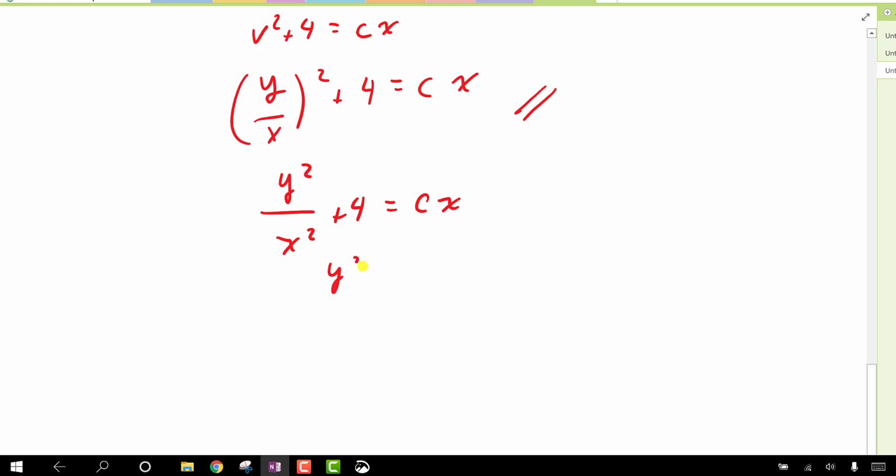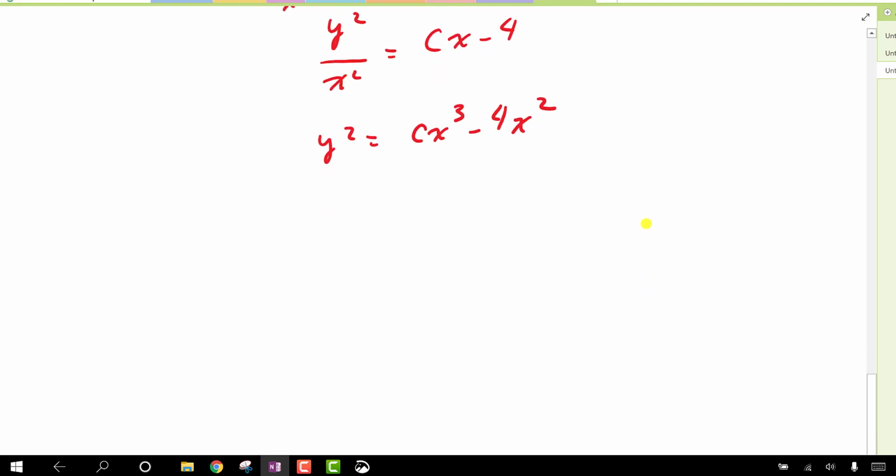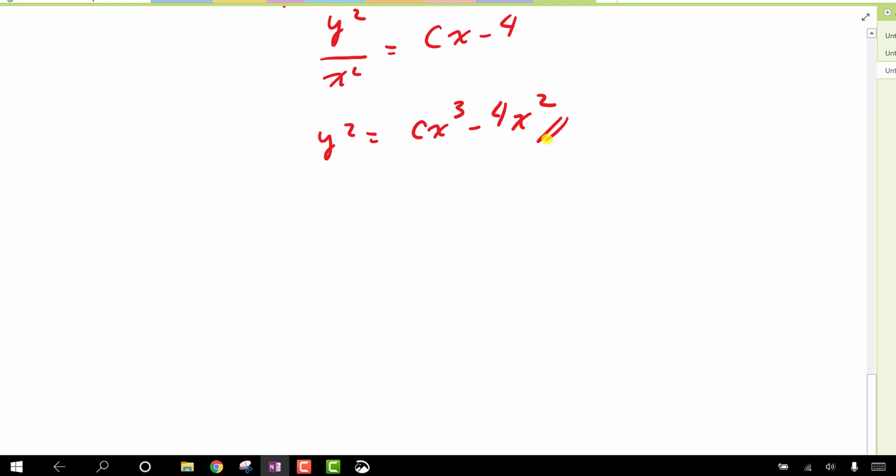Or that y²/x² is equal to cx minus 4, or that y² is equal to cx³ minus 4x². This is again an implicit solution. Maybe it's a better implicit solution than our first option. So maybe we could park our answer here.